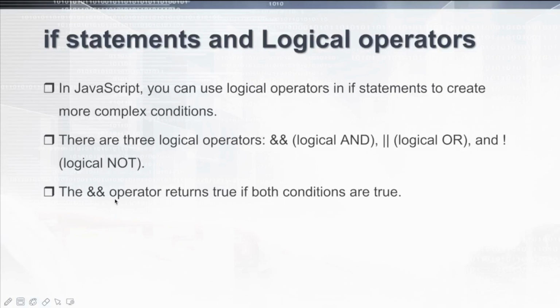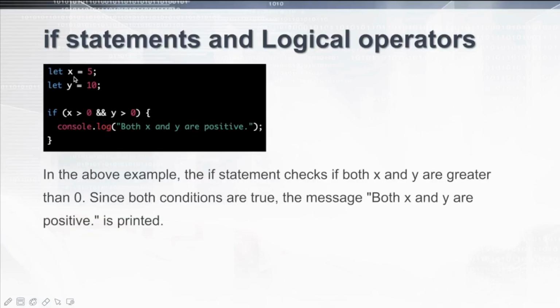The AND operator returns true if both conditions are true. So if you have two conditions and they both evaluate to true, then we have true. As you can see in this example, we have x to be 5 and y to be 10, and we are checking if x is greater than 0 and y is greater than 0.